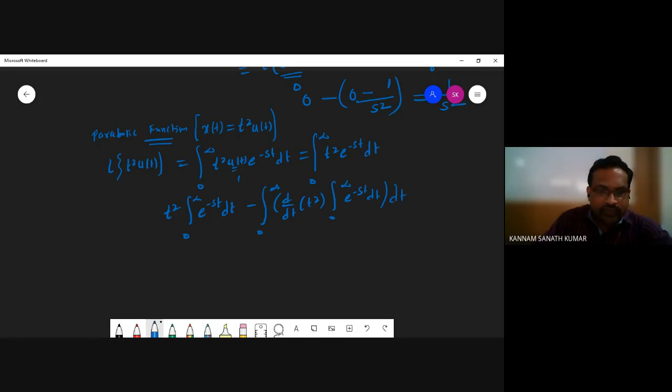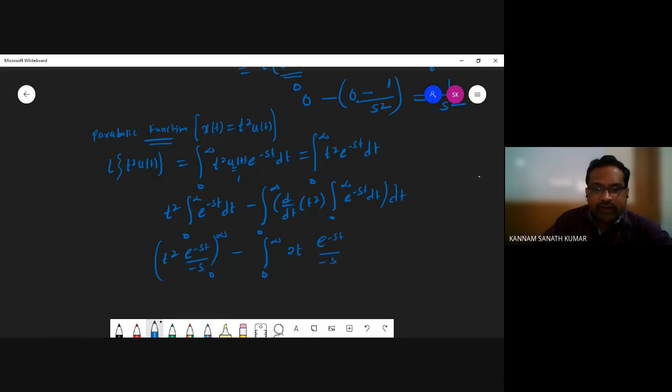So this is t square e power minus st by minus s between the interval 0 to infinity, minus integration 0 to infinity, where the derivative of t square is 2t, e power minus st by minus s.